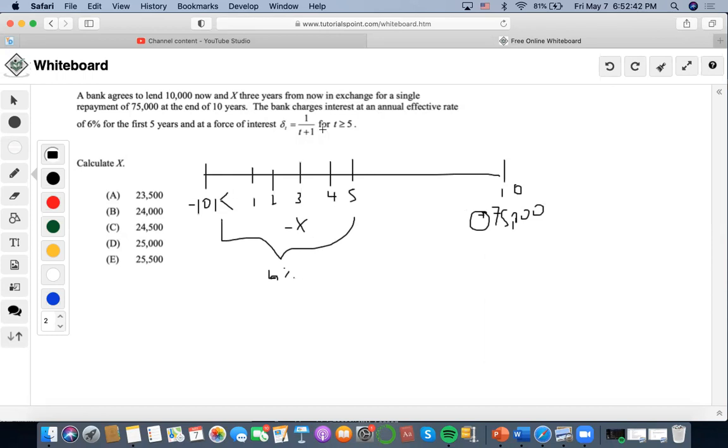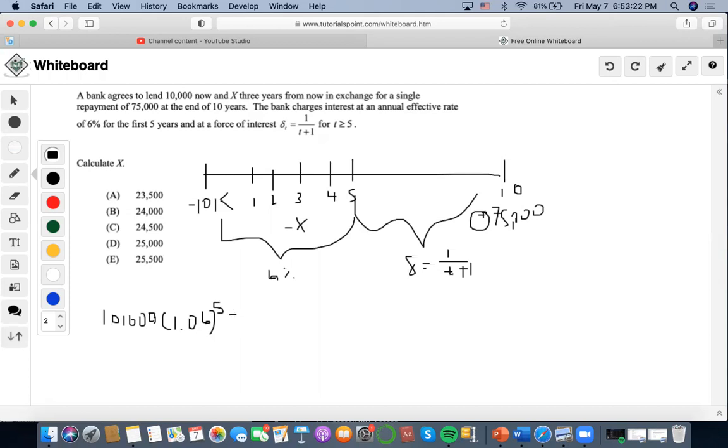And at a force of interest of this amount from 5, well, it ends at 10, so at a force of interest of this amount, right? Okay, so this means that from the time that the bank lends 10,000, there's going to be an effective rate of 1.06 to how long is elapsing from the time we receive 10K? 1, 2, 3, 4, 5, right?